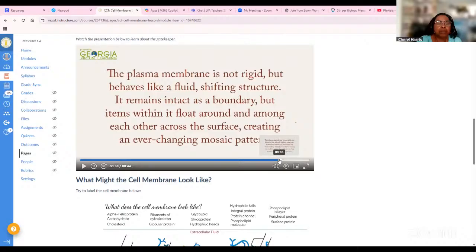The fact that cell membranes are not box shaped or solid circles, they actually kind of flow like fluid. So that's why they call it a fluid. And it's actually floating on top of the cytoplasm. So it kind of has some fluidity to it.